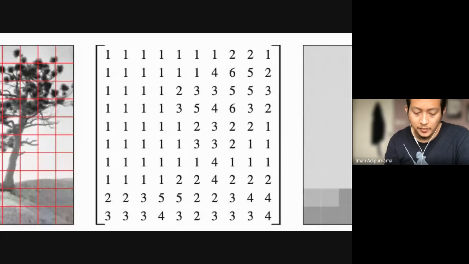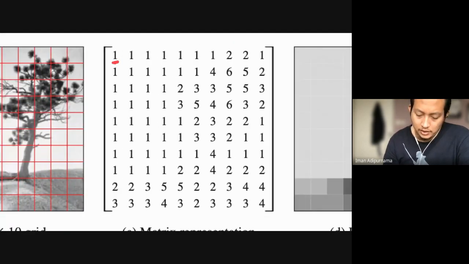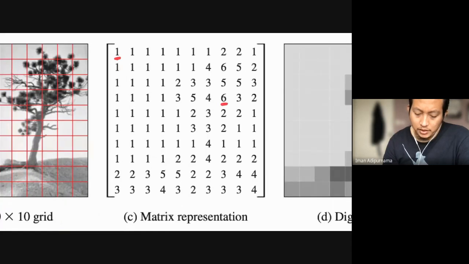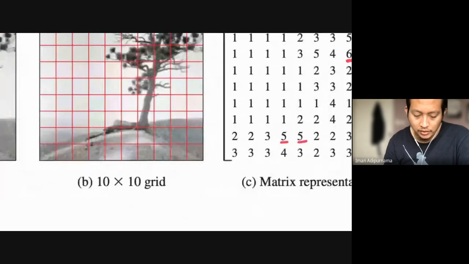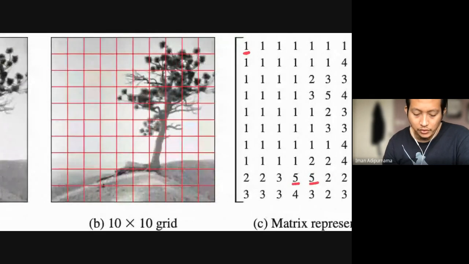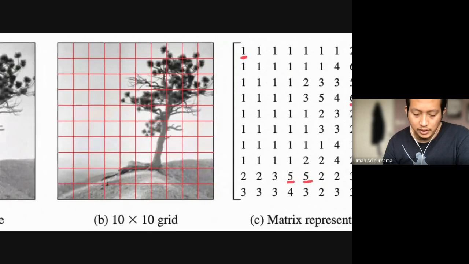That means this one here is the last color. The higher number will be more black, more dark. It's darker here, 556. You can compare with the original image like this and see how it performs. This is just an example.